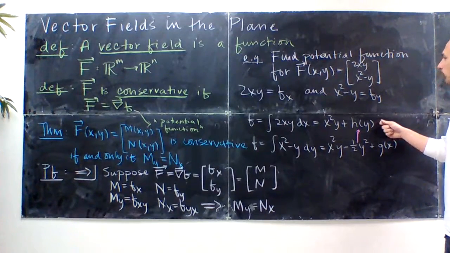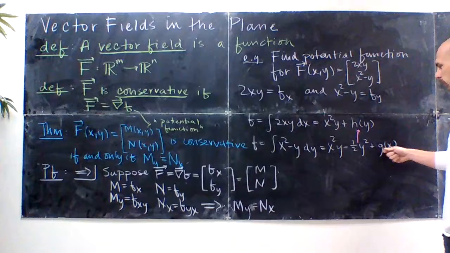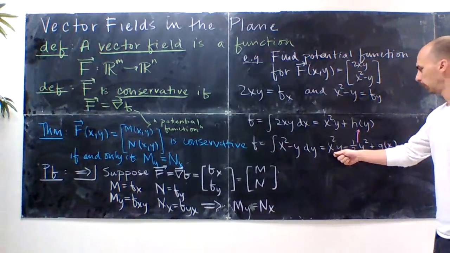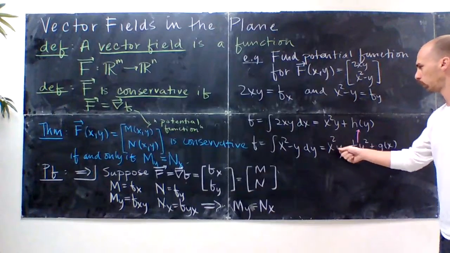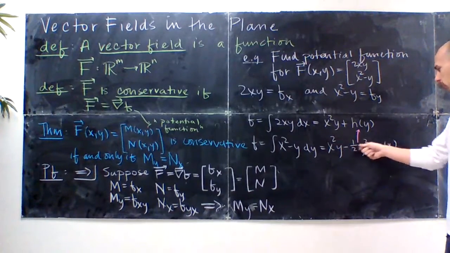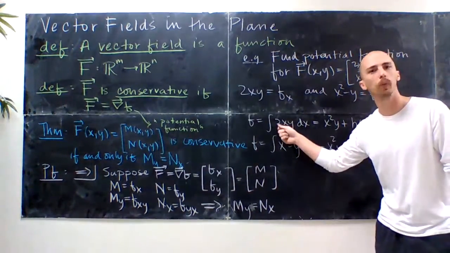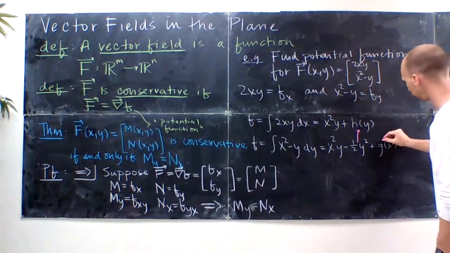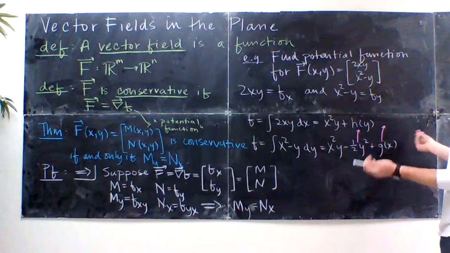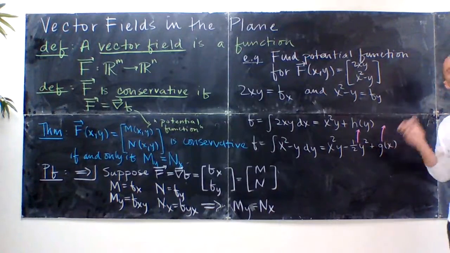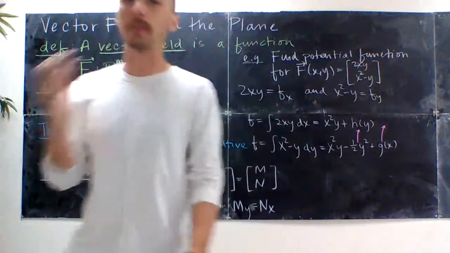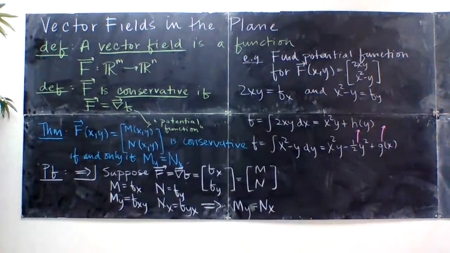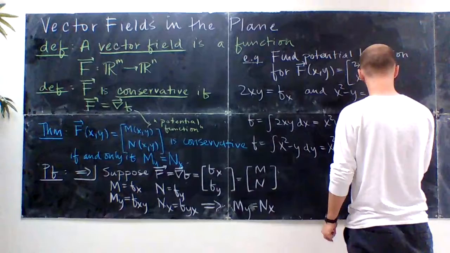If I took the partial of this with respect to x, I'd have 2xy plus 0 plus 0, but all I have is 2xy. So I need this to be a constant. If we don't see a matchup, and we think about what happens when we take these partials, I know that g of x is going to be some constant c.